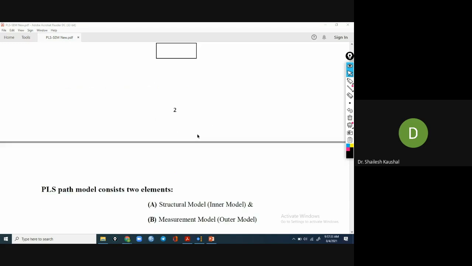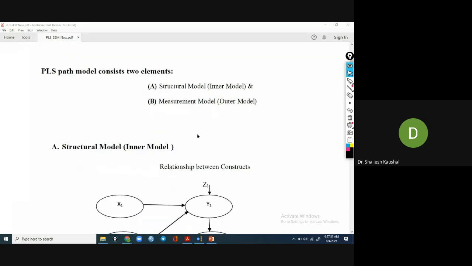Okay. Now, the PLS path model consists of a structural model. Structural model means inner model. Inner model means the relationship of one exogenous variable with another endogenous variable, or an endogenous variable's relationship with another endogenous variable.